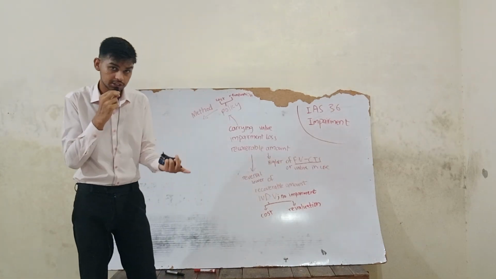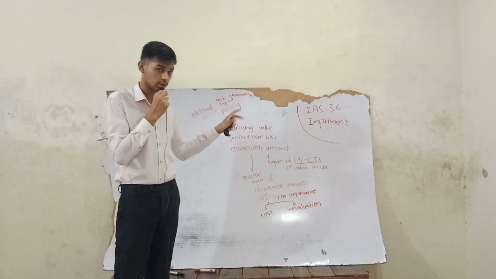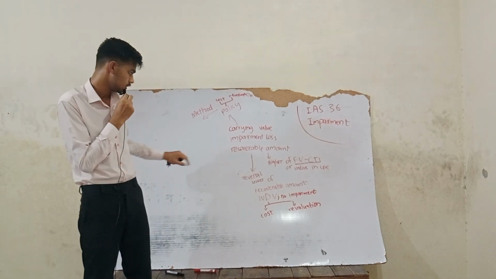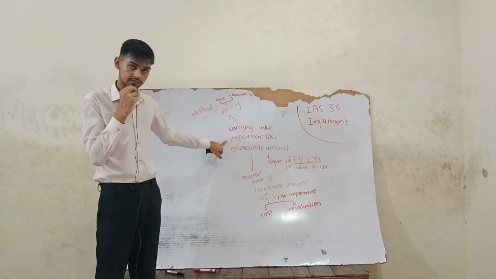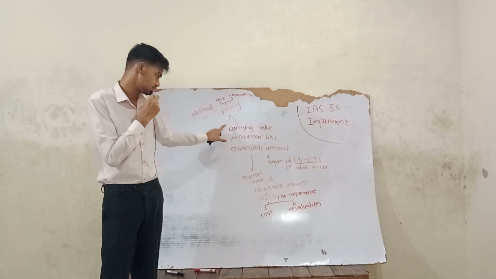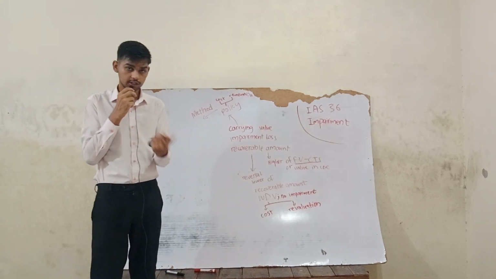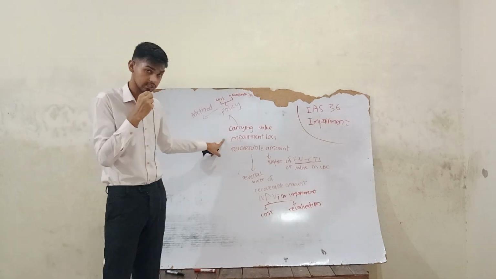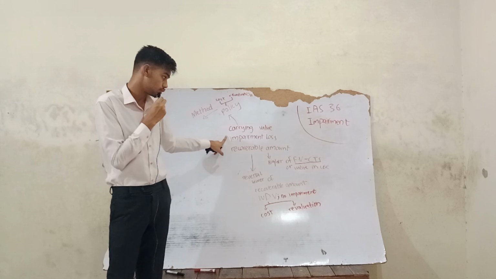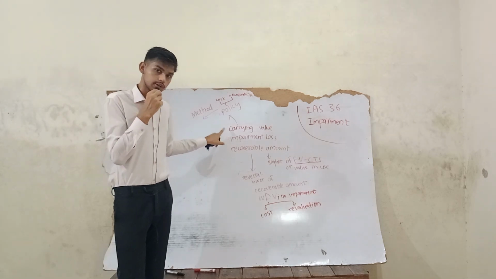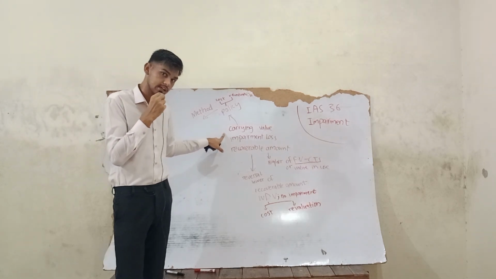Maybe the machinery may be idle, so its value automatically reduces. Then they will apply the calculations, they found the impairment loss, then they will show this in their financial statement, and this will move to the P&L as an expense.